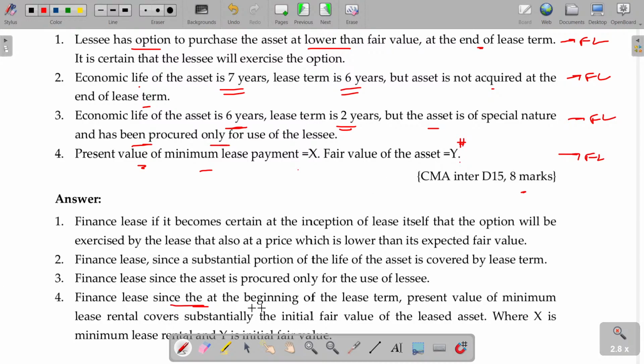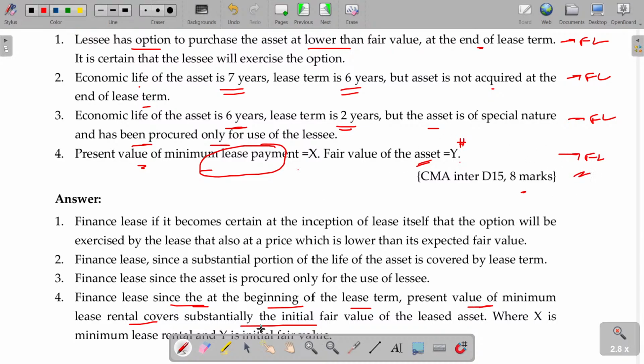Finance lease, since the beginning of the lease term, present value of the minimum lease rental covers substantially the initial fair value. Means the minimum lease payment is almost equal to the fair value. Means the majority amount is already covered. So if the asset is purchased for 10 lakhs and the lease amount recoverable is around 7 lakhs, 8 lakhs, it's a finance lease only. That's how it is decided.